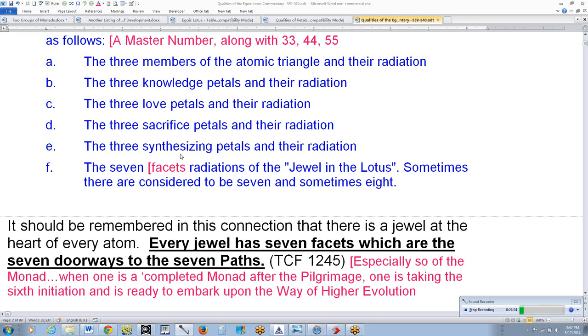And can we correlate that 9 in any way with the central fire? The 7 facets are there. How is it that the monad can take now one of 9 paths? Because the monad is, after all, the one who journeys on the way of higher evolution.